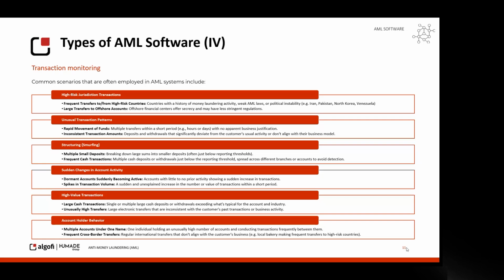Multiple accounts under one name, one individual holding an unusually high number of accounts and conducting transactions frequently between them. And frequent cross-border transfers, regular international transfers that do not align with the customer's business. For example, a local bakery making frequent transfers to high-risk countries. It doesn't really make sense, so it might be a suspicious activity.